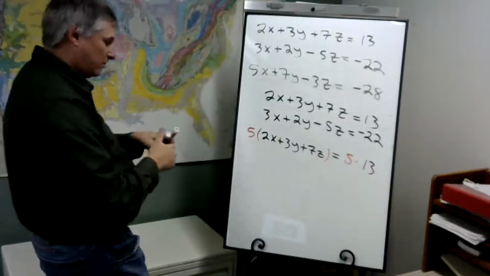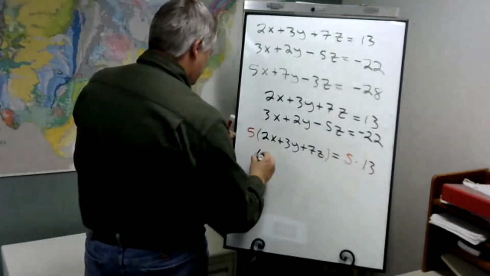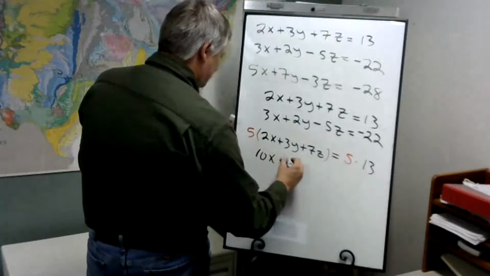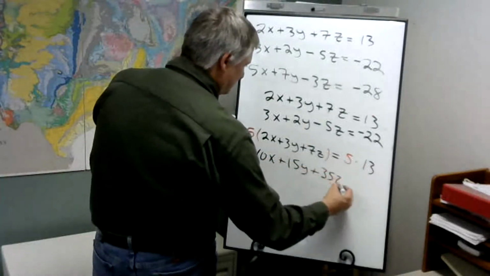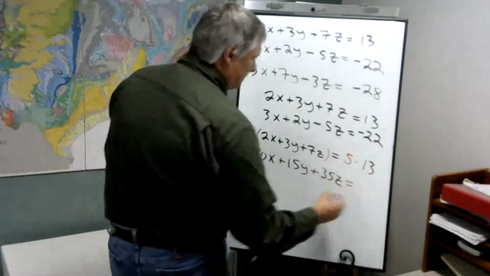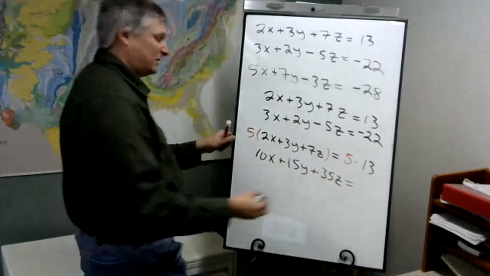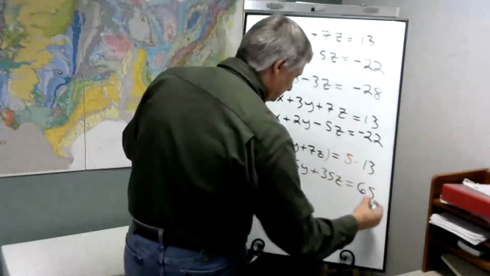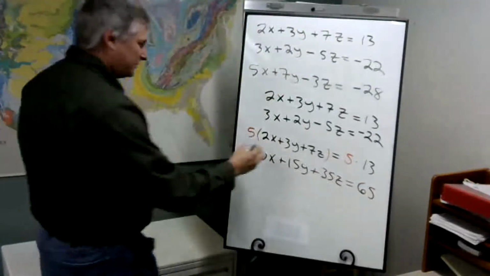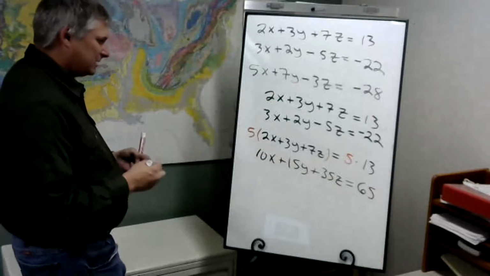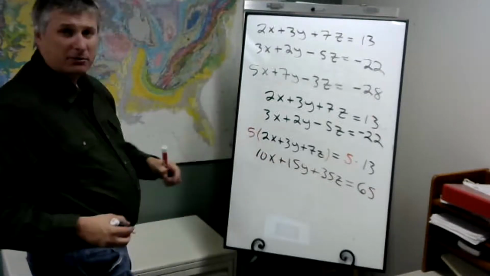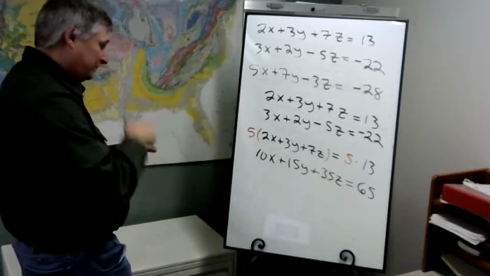So multiplying through what we'll get, 10x plus 15y plus 35z equals, that's going to be 50, 65. So this will be our modified equation. The next one, we're going to take this one, multiply through by 7.